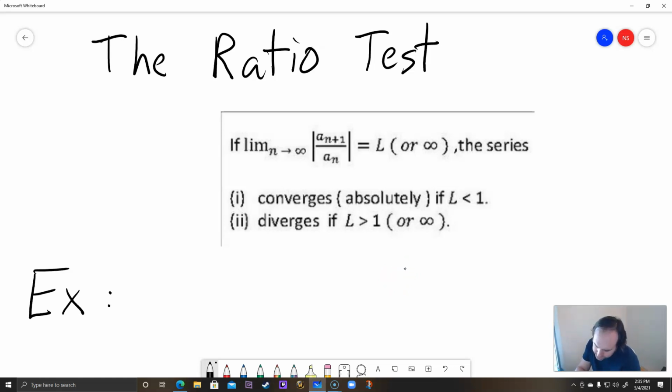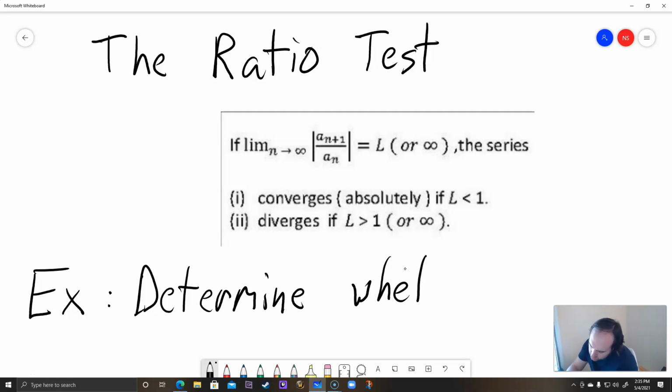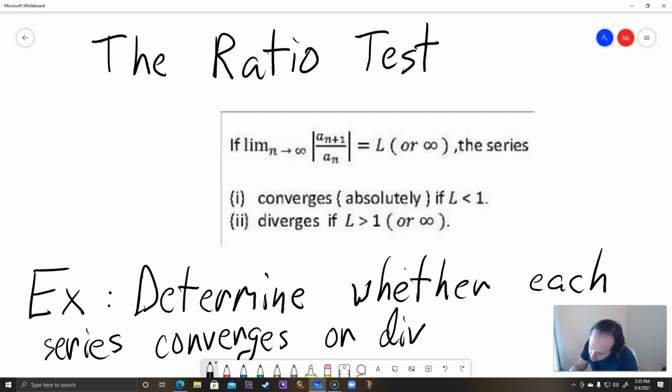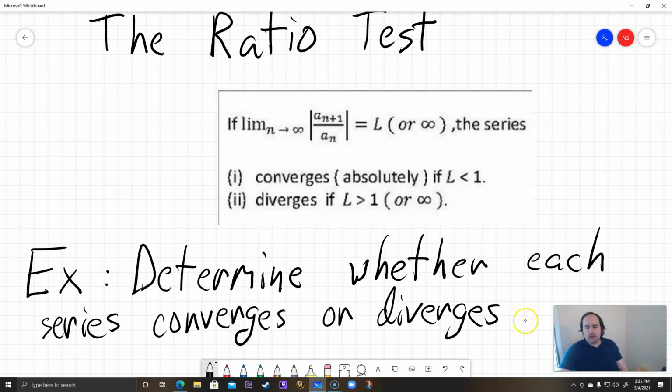Example: determine whether each series converges or diverges. Okay, my writing is getting messy.